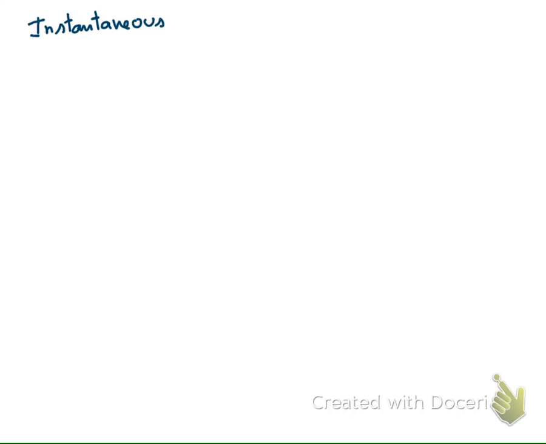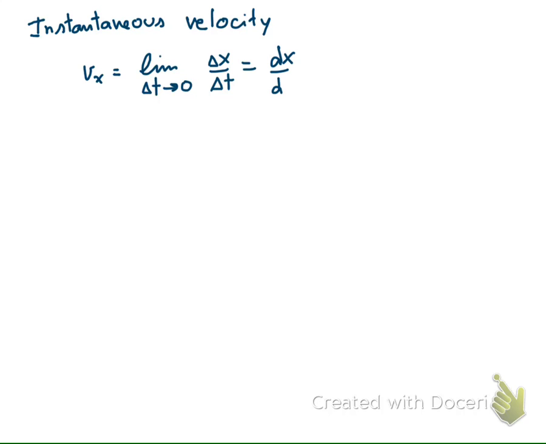Instantaneous velocity, we define it as Vx is equal to the limit of delta t approaching 0 of delta x over delta t, or we can use the notation of calculus to write this as dx by dt.